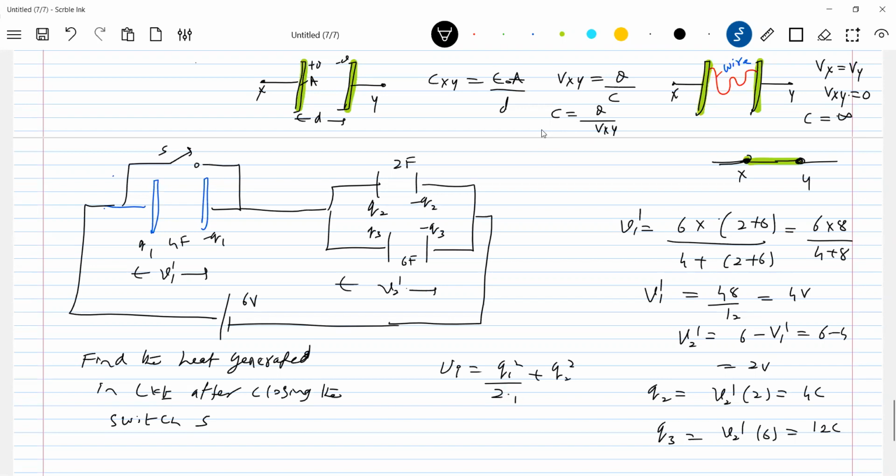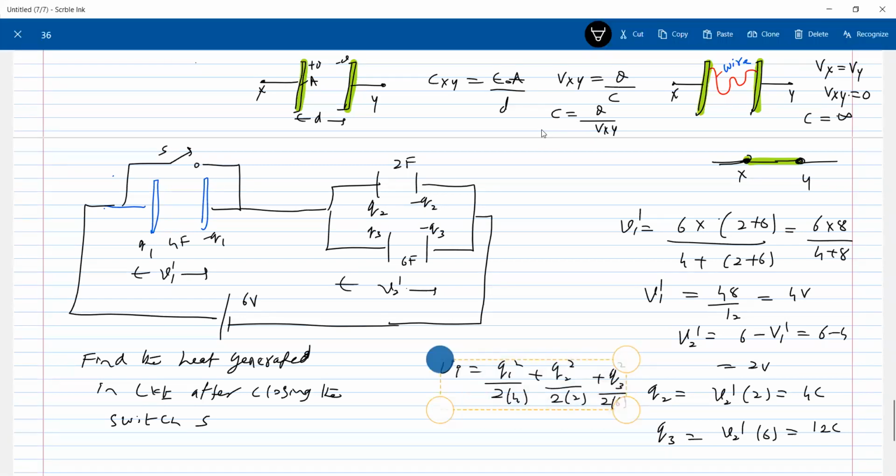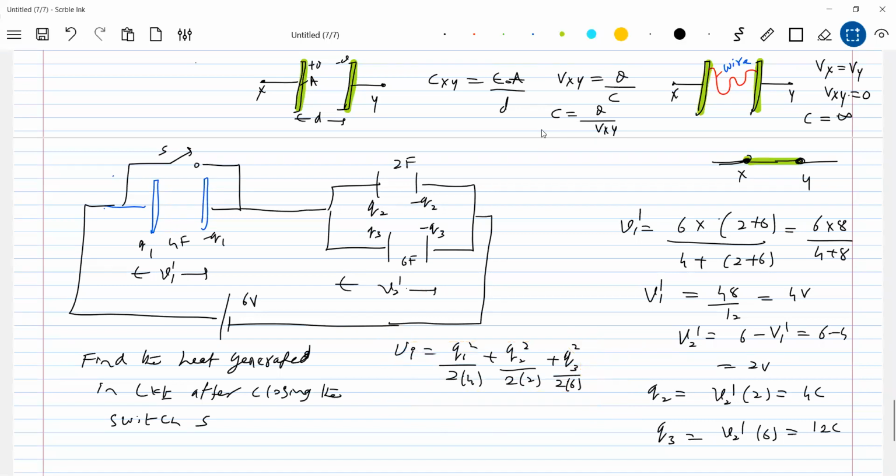This is 4 farad. Q2, equal to 2 into 2. Q3 square, equal to 2 into 6. Okay, this is the initial energy of the circuit. Initial energy, write it here.